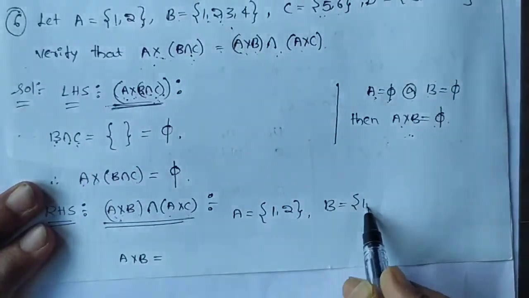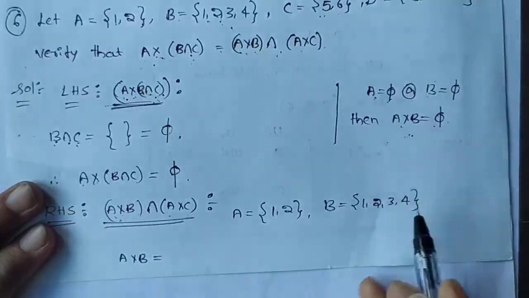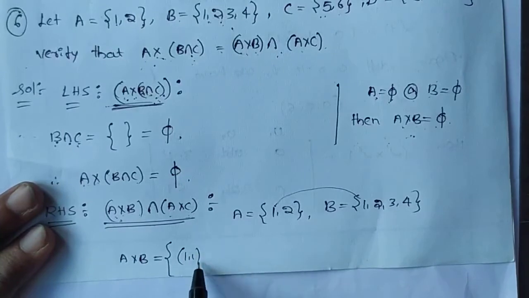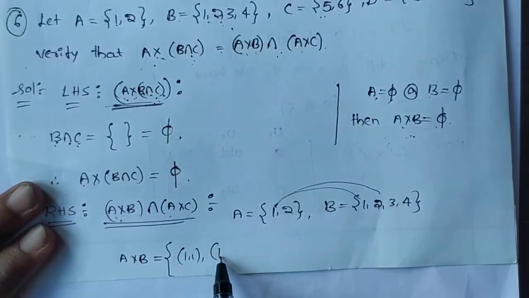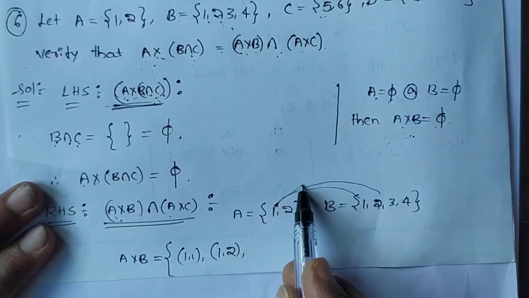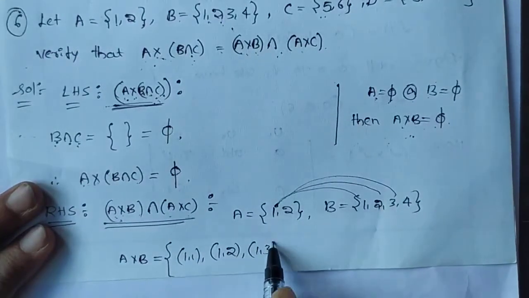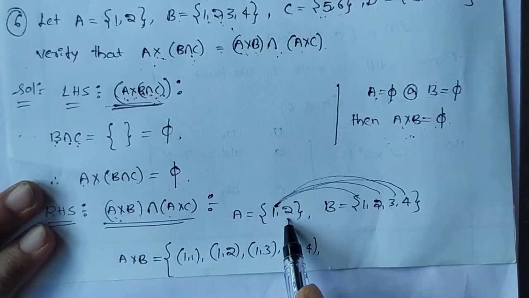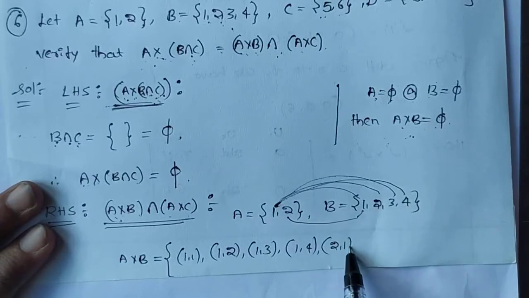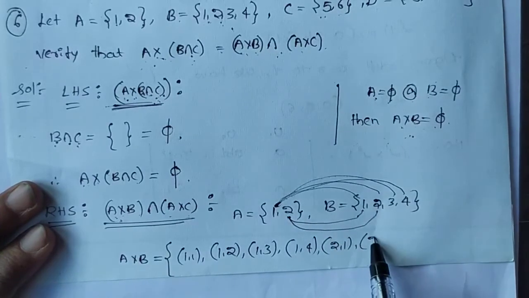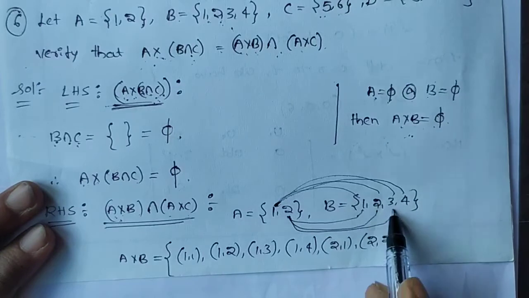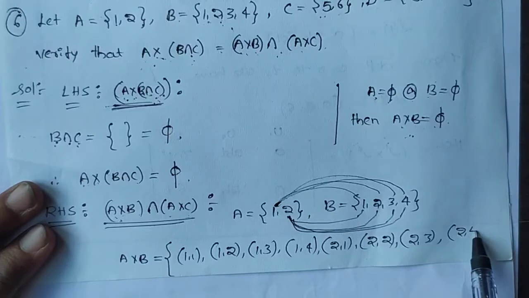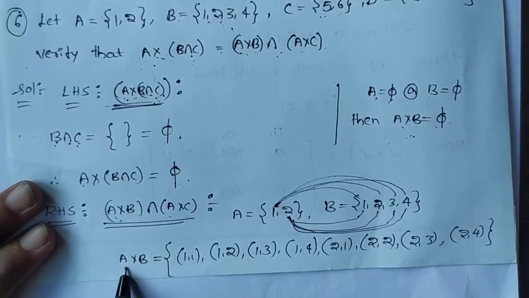A cross B is what? (1,1), (1,2), (1,3), (1,4), next (2,1), (2,2), (2,3), (2,4). Understand? It is A cross B.